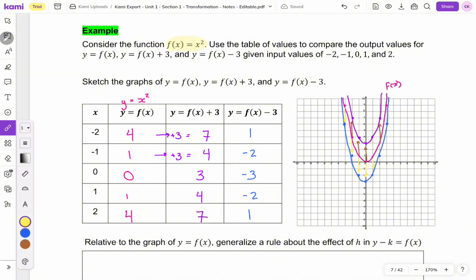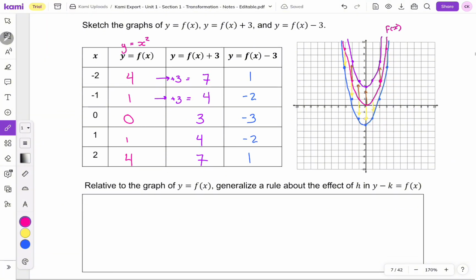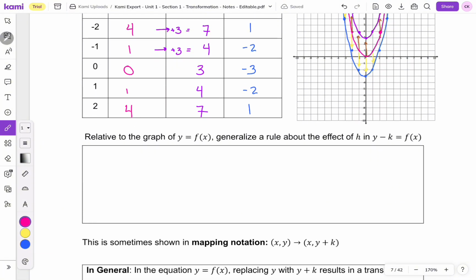One, 2, 3. Oh, I have that one pink dot in the wrong spot. This pink dot should be here. There we go. All right. So yeah, outside of our function, when we're not actually manipulating what's happening inside, it tells the truth.